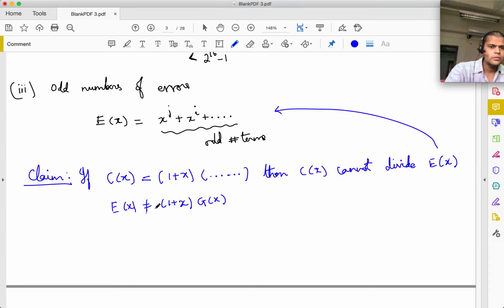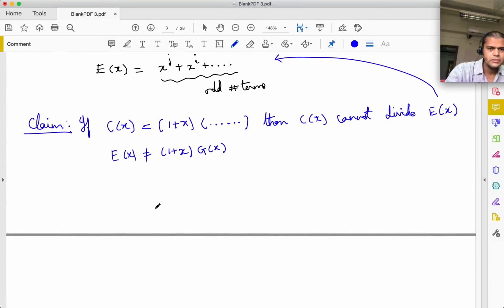So how are we going to show this? Basically we are saying you give me any polynomial g of x and I multiply it by 1 plus x, and I'm not going to be able to have an odd number of terms at the end. It's going to be an even number of terms. So let's take an example.